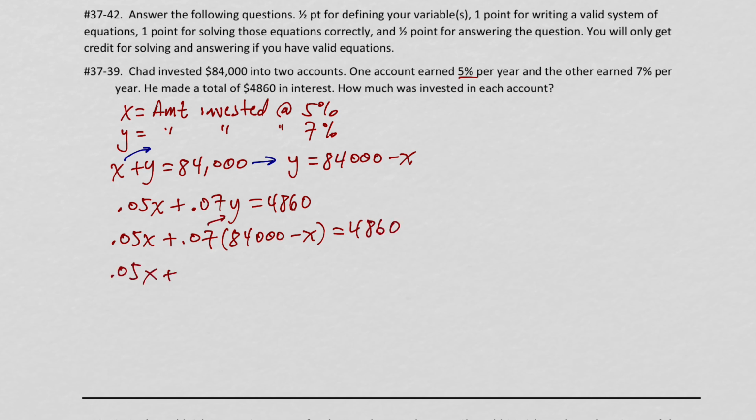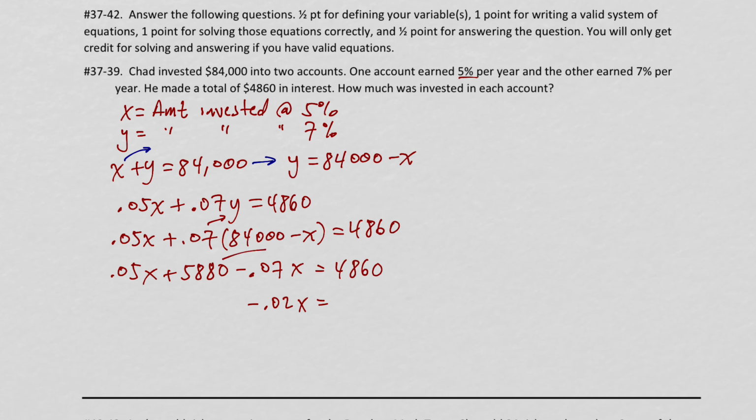Now I'll distribute this and I'll grab a calculator. 0.07 times 84,000 is 5880 minus 0.07x is equal to 4860. Combining like terms, this and this add up to a negative 0.02x.